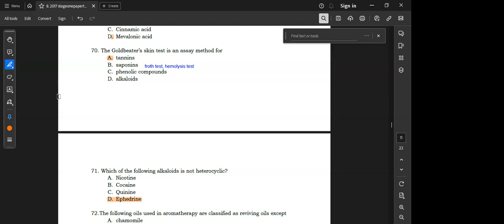Okay, ephedrine is a proto, not pseudo. And the pseudo, just to add to what you said, are not derived from amino acids, but they do have that heterocyclic ring. Ephedrine is a protoalkaloid. But I've seen that ephedrine is a pseudo-alkaloid. I think it can be classified as both.